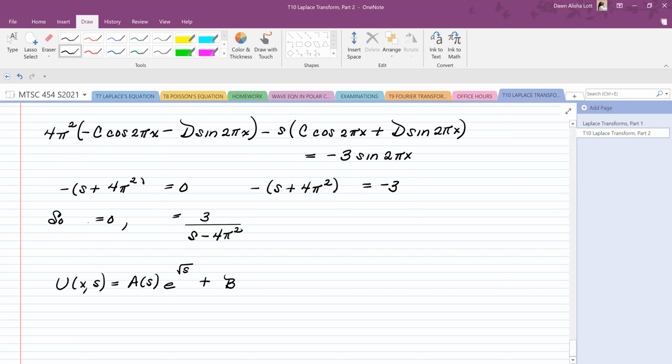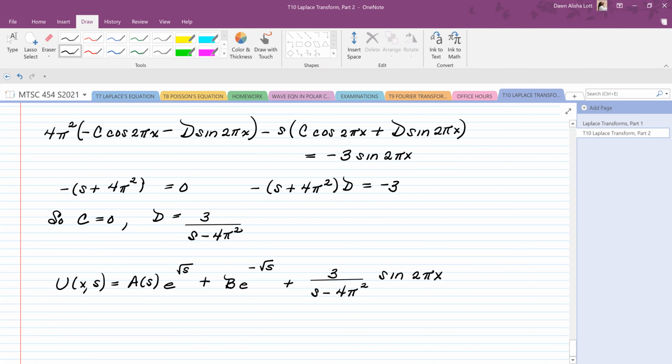This is c is equal to 0, and this is d. So this is e to the minus square root of s plus d is 3 over s minus 4 pi squared times the sine of 2 pi x. Okay.